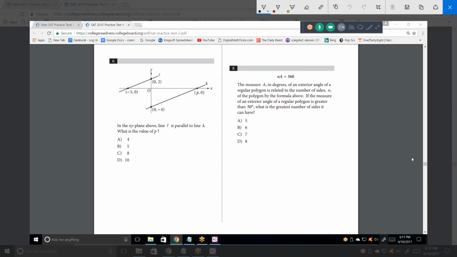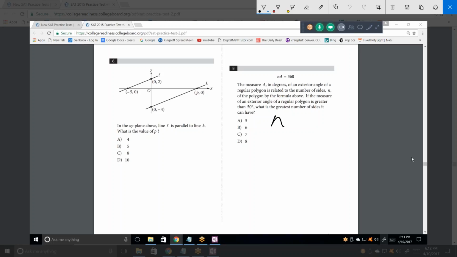There are no easy ones on this college readiness board. The measure of an exterior angle of a regular polygon is greater than 50 degrees. Oh, okay. I read that wrong. Okay. What are we going to do to solve it?